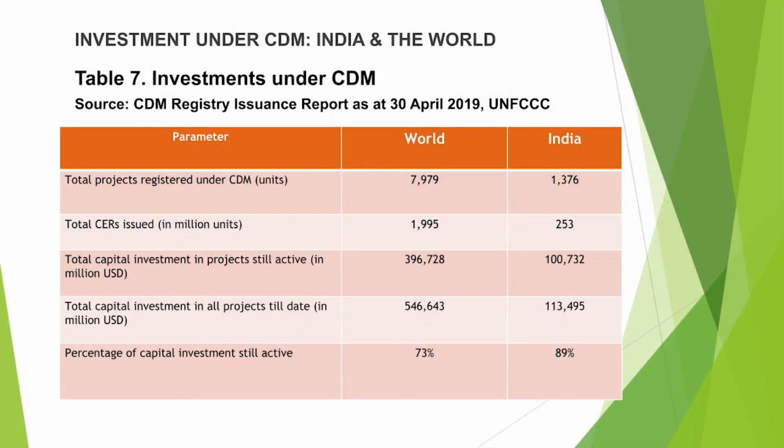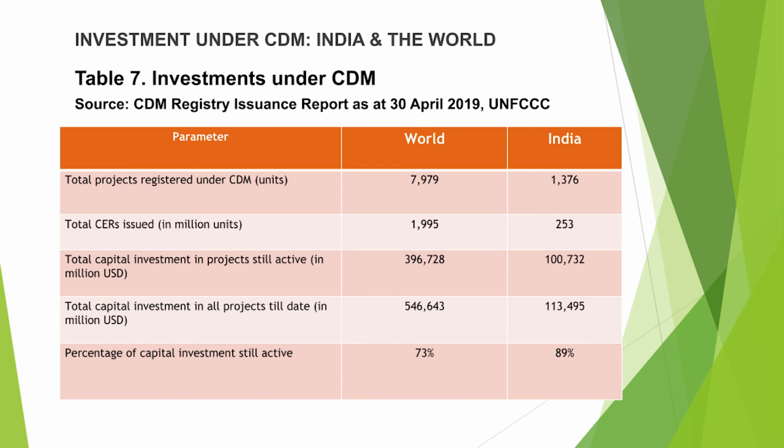So here you can see the investment under CDM in India and the world. The total projects registered under CDM is about 8,000, and in India we are having 1,376. Total CERs issued in million units is about 2,000 in the globe and about 253 in India.